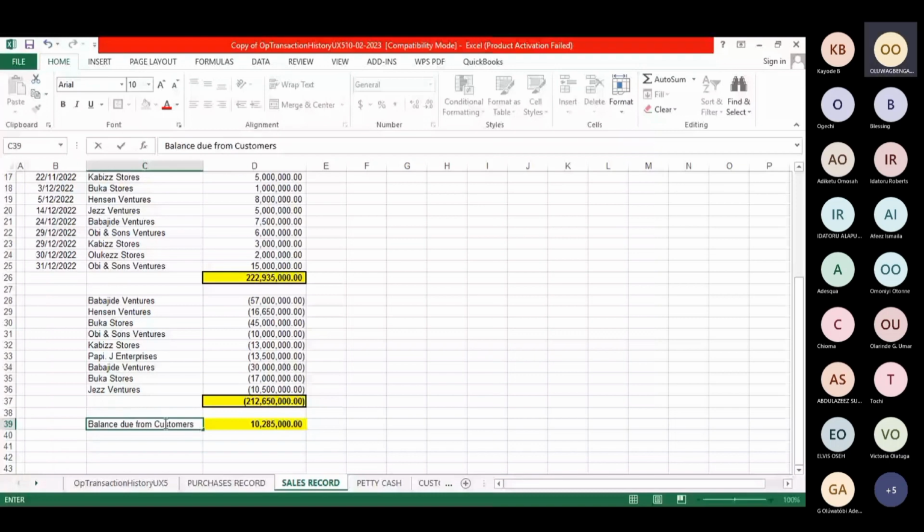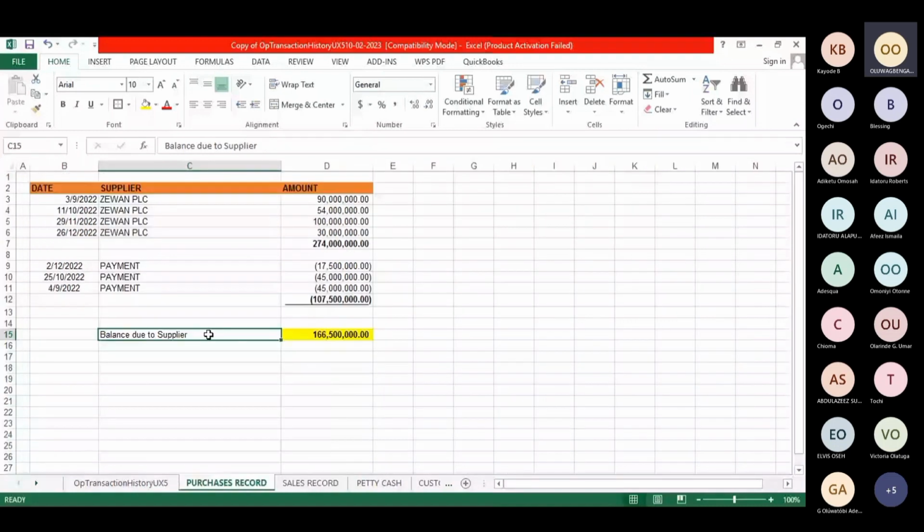Balance due from customers. So if you are familiar with accounting, we will know definitely that this is a receivable. And then the last one where I'm coming from here is payables, trade payables.